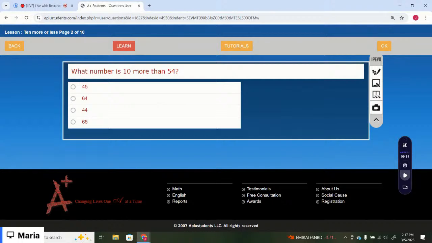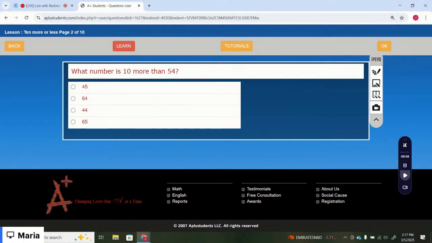What number is 10 more than 54? Ten more than 54 means you need to add 10 to 54.